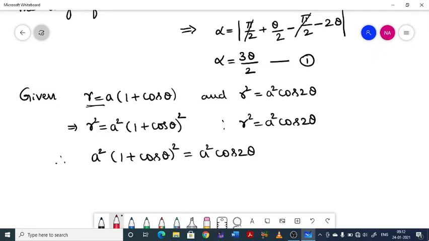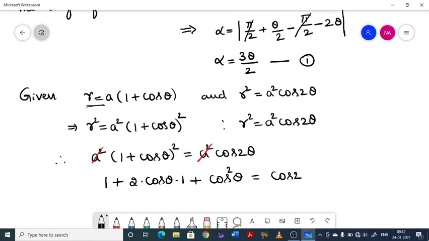So a square gets cancelled, and you remain with 1 plus cos theta whole square. Expanding this, you get 1 plus 2 cos theta plus cos square theta equal to cos 2 theta.